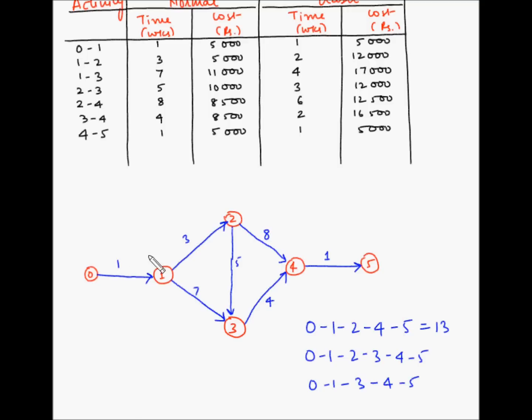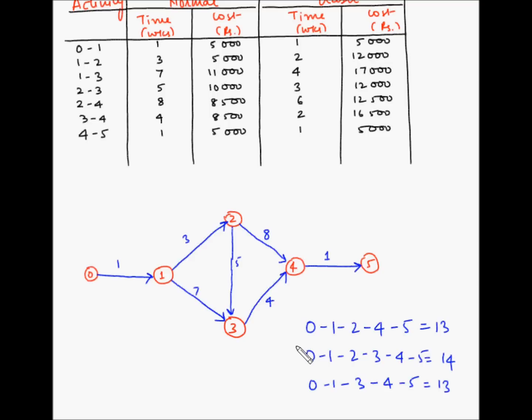So 1 plus 3 is 4 plus 5 is 9 plus 4 is 13 plus 1 is 14. So this is 14. The next is 0 1 3 4 5. So 1 plus 7 is 8 plus 4 is 12 plus 1 is 13.